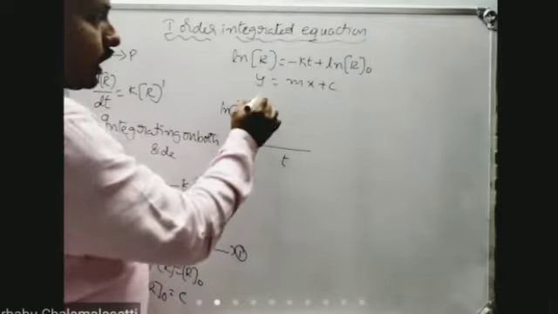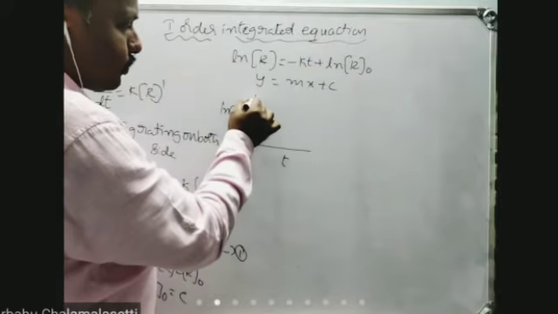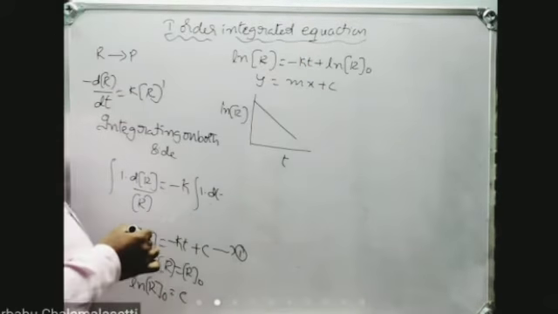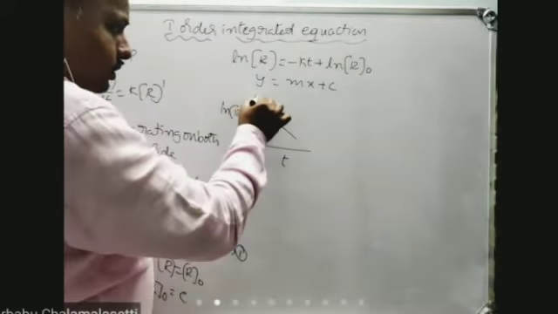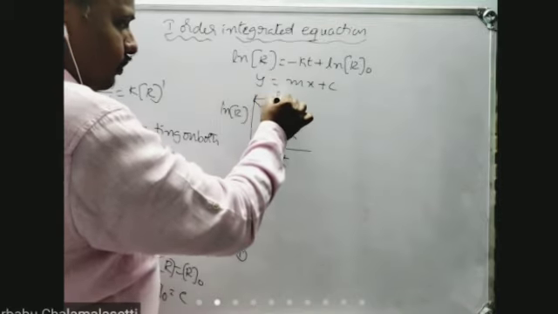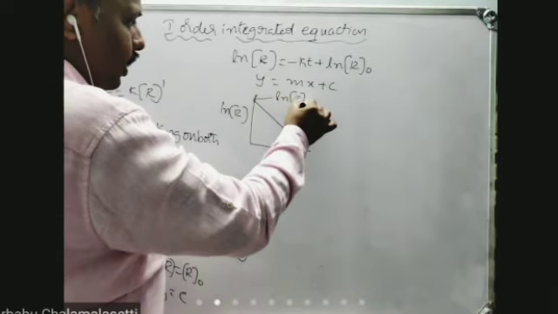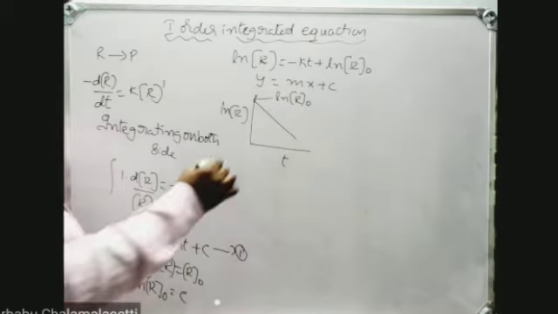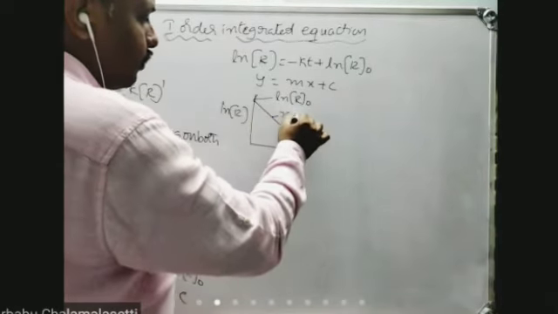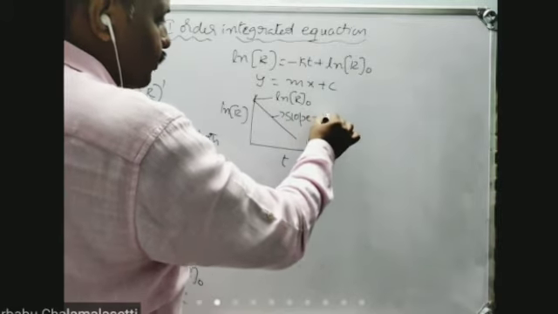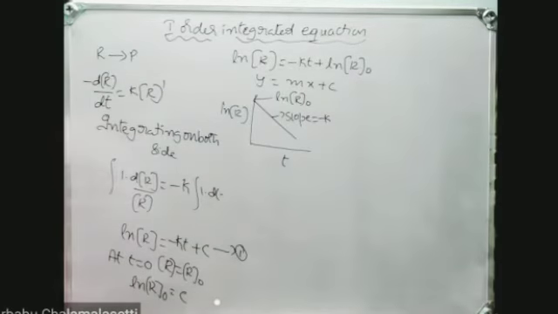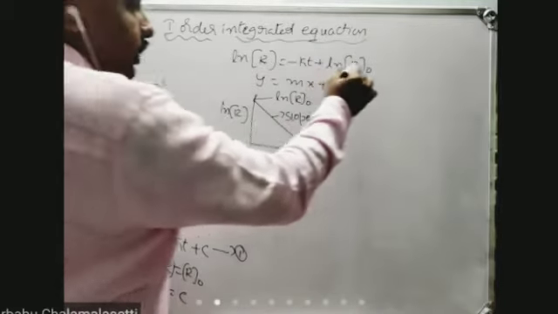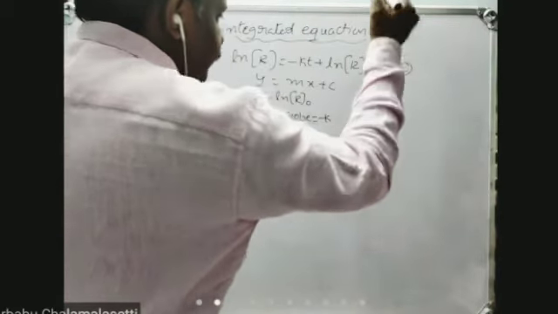So the graph will be like this, and this intercept is equal to ln R naught. And what is the slope here? Slope for this line is minus k. Let this be equation 2.